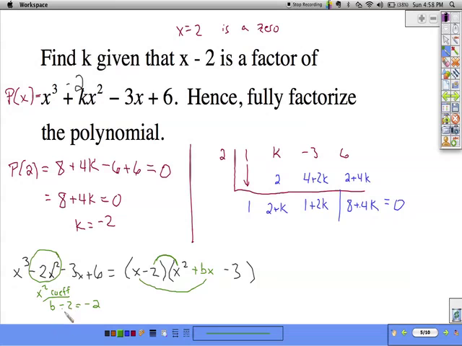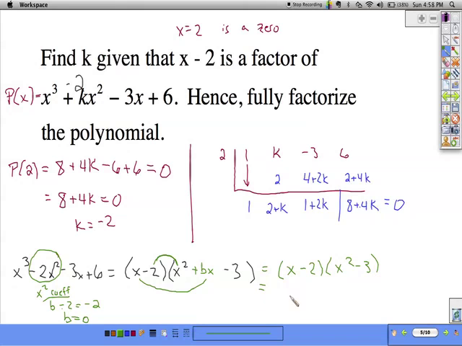Right there. So we find that b is 0. And we could check that by equating the x coefficients. We'll get the same thing. But what I've got this broken down to now is that x minus 2 times x squared minus 3 is going to equal our p of x.